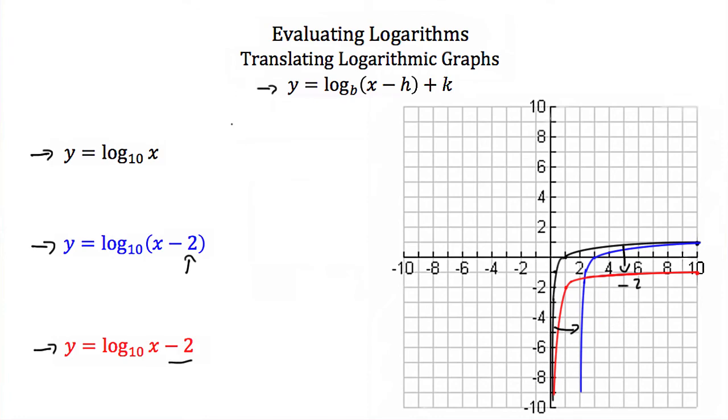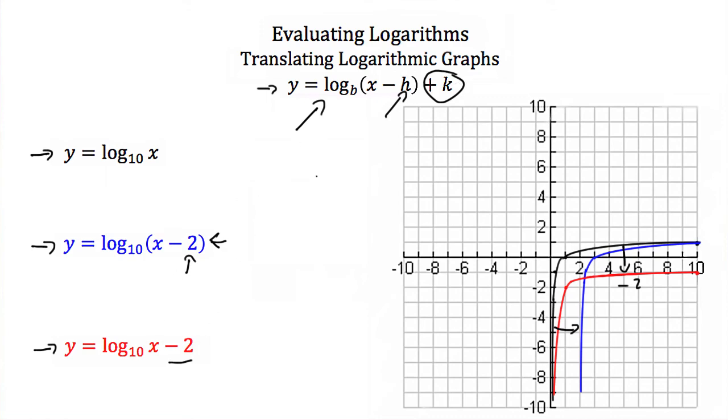Well, if you look at our base form here, y is equal to the log base b of x minus h plus k, our h is our horizontal translation. In blue here, it was minus 2, and that gave us a positive 2 horizontal translation. Our k, when it's outside of the log function, that is our vertical translation.